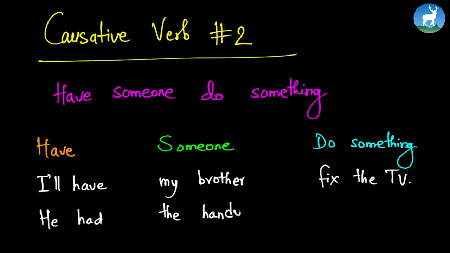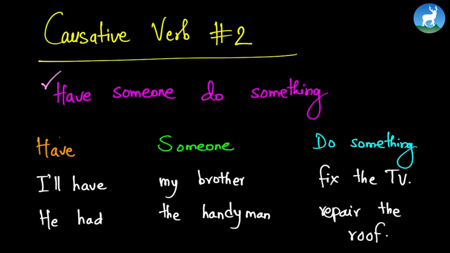He had the handyman repair the roof. So this means that someone does something for you because you pay or ask them to do it, but you also say who this person is.